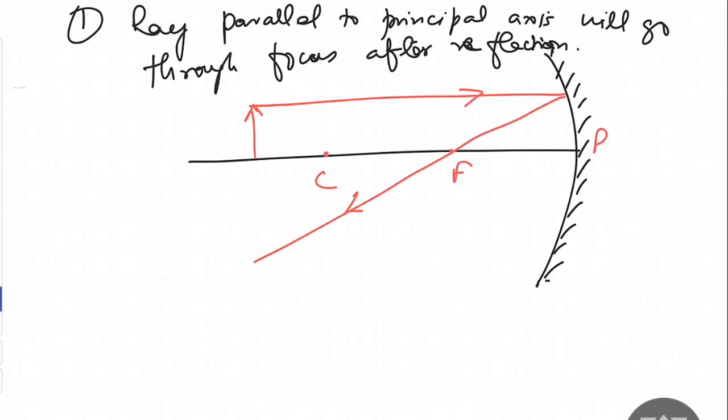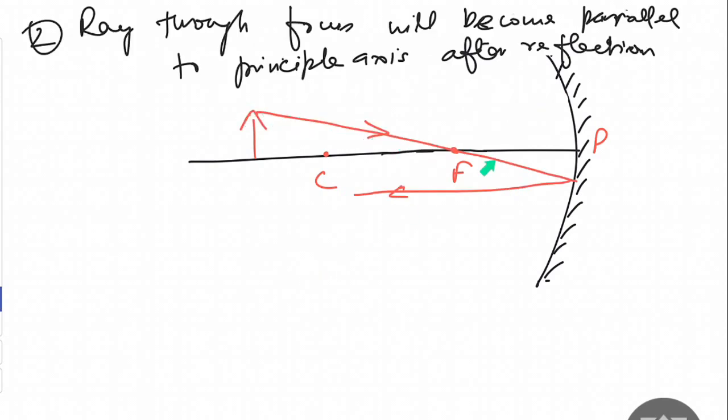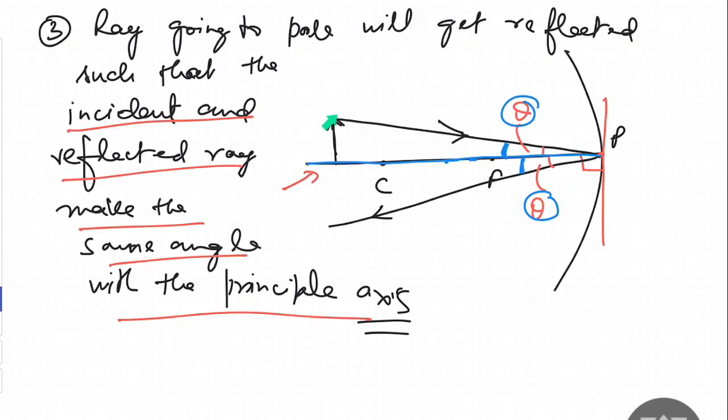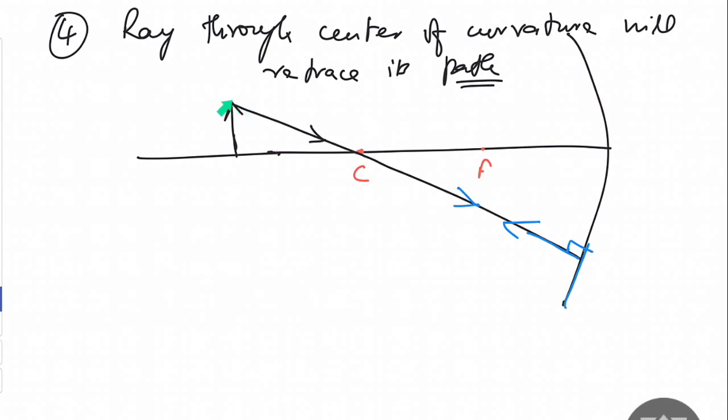First, a ray parallel to the principal axis will go through the focus. Second, a ray through the focus will become parallel. Ray which is parallel will go through focus, ray through focus will become parallel. Third, a ray which goes to the pole will get reflected such that the reflected ray and the incident ray make the same angle with the principal axis. And fourth is a ray through the center of curvature will retrace its path.